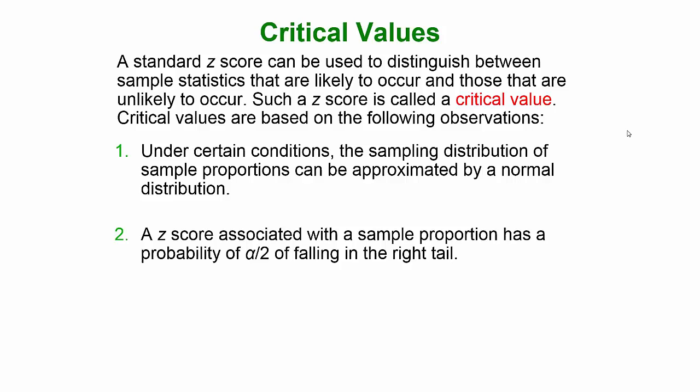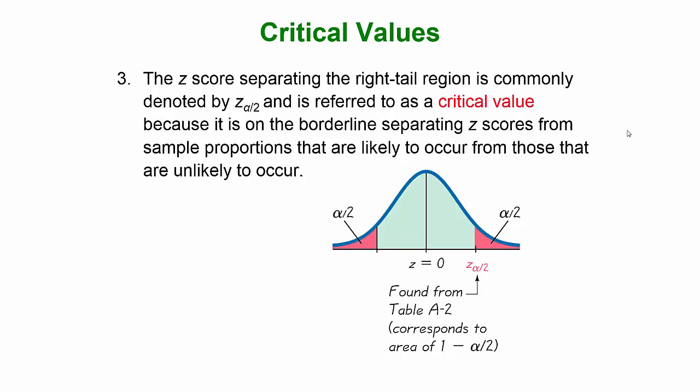A z-score associated with a sample proportion has a probability of alpha divided by 2 of falling in the right tail. 3. The z-score separating the right tail region is commonly denoted by z sub alpha over 2 and is referred to as a critical value because it is on the borderline separating z-scores from sample proportions that are likely to occur from those that are unlikely to occur.